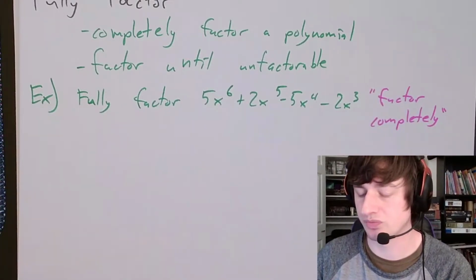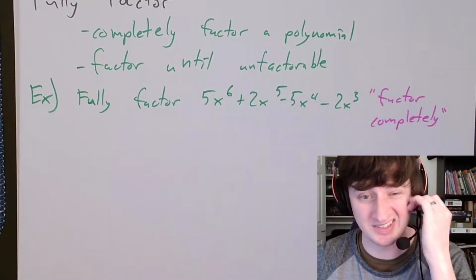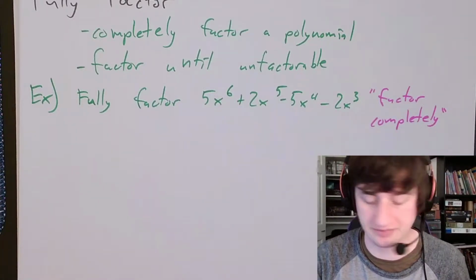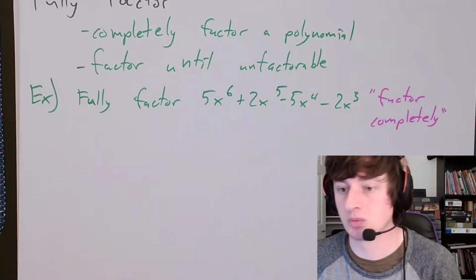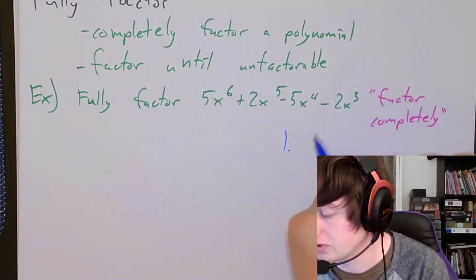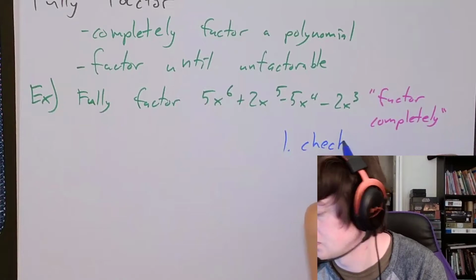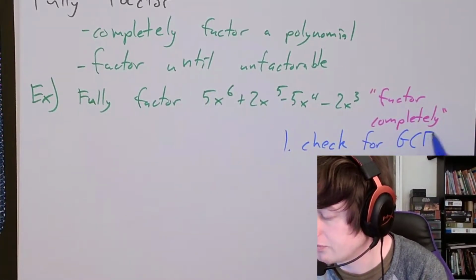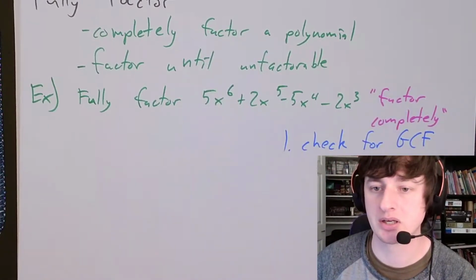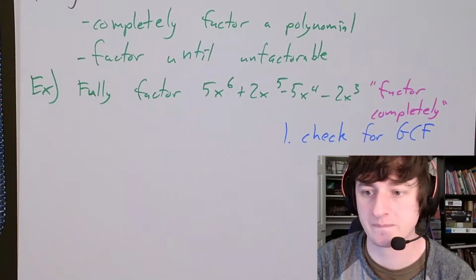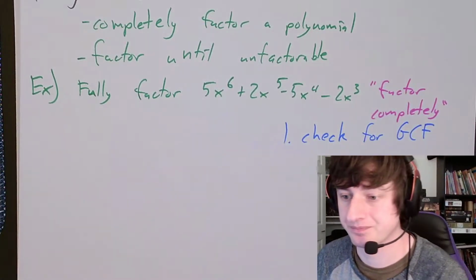I'm going to write some thought process steps on the right and work out the factorization on the left here. So first thing we want to do is just check, is there a greatest common factor? Is there something that I can divide each term by?